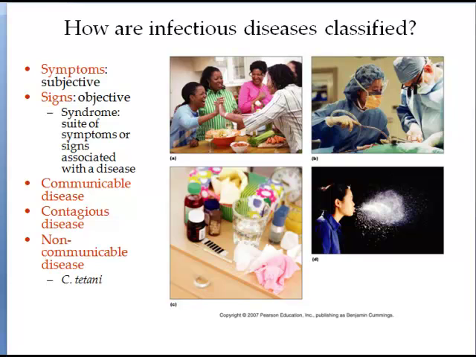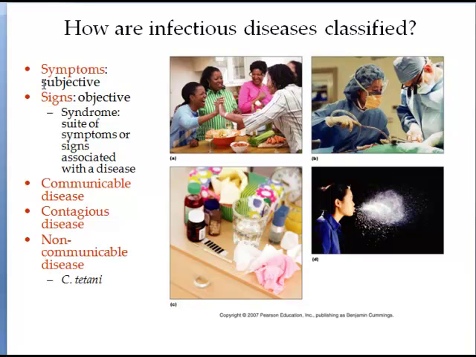In this section, we want to study how infectious diseases are classified. Every disease that affects the body somehow will alter the body's structures and functions, and the patient will show these changes through something called symptoms. Symptoms are mainly changes in body function, such as pain or a feeling of fatigue and tiredness.